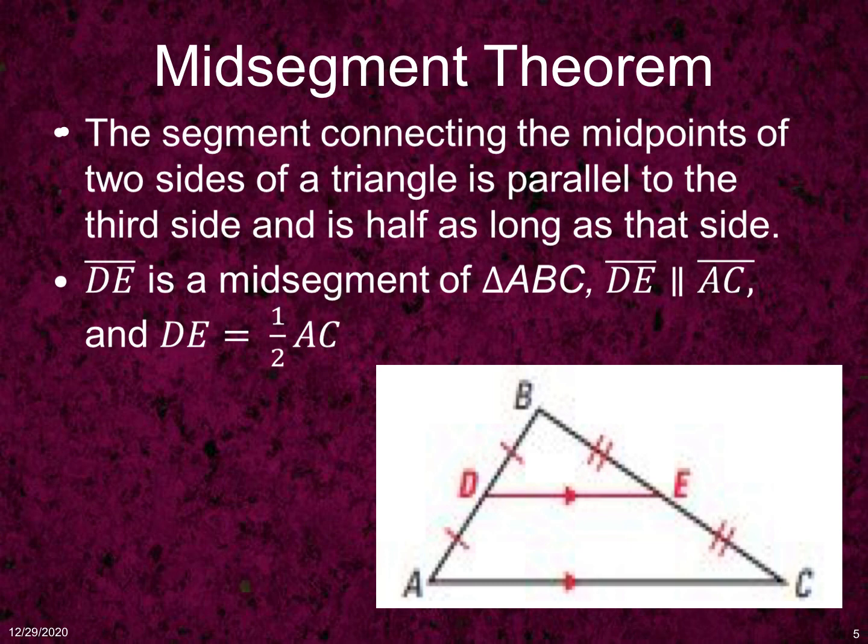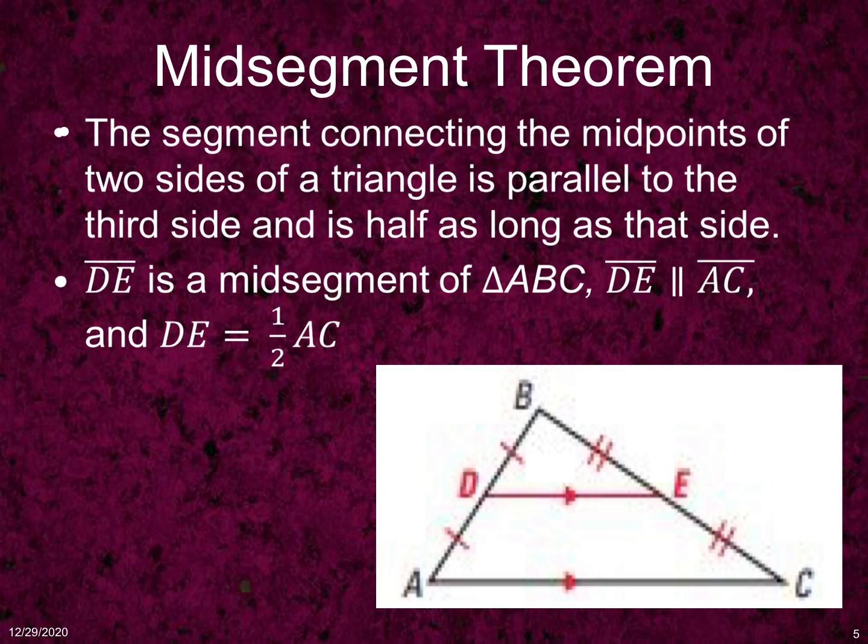So if DE is a midsegment because it connects two midpoints, then DE and AC have to be parallel, and DE is exactly 1/2 the length of AC. So there are two properties that you get from the midsegment theorem. It's parallel to a side, and it's exactly half the length of that side.